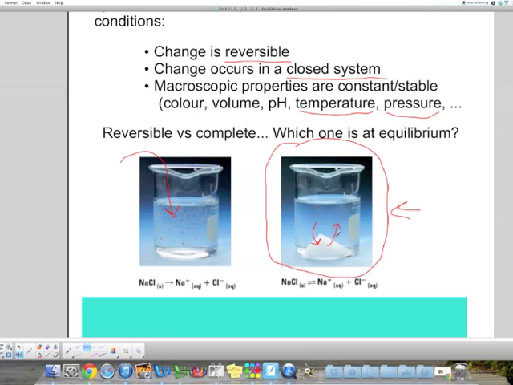Because those that are splitting up do so as fast as those that are being formed. So there's virtually no change to the amount of particles in the pile of salt at the bottom of the beaker. So this system is at equilibrium. The forward reaction occurs as quickly as the reverse reaction. So that is example number one.